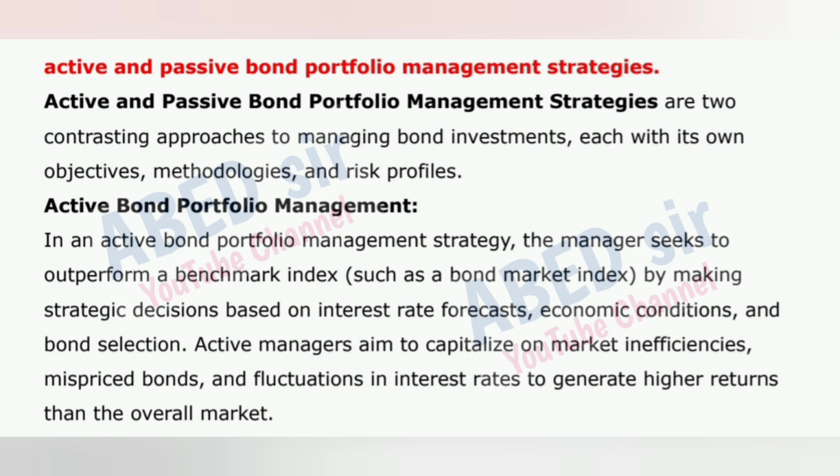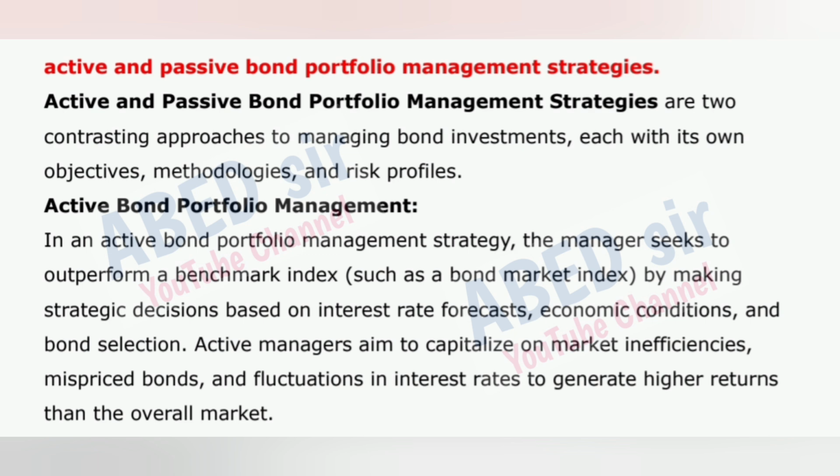Active bond portfolio management. In an active bond portfolio management strategy, the manager seeks to outperform a benchmark index, such as a bond market index, by making strategic decisions based on interest rate forecasts, economic conditions, and bond selection.